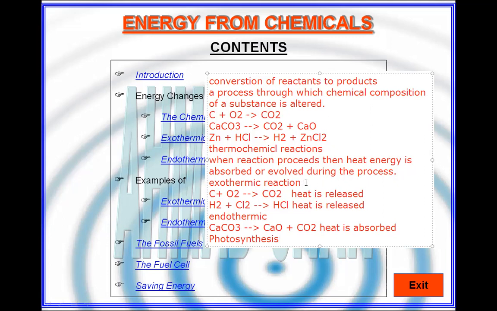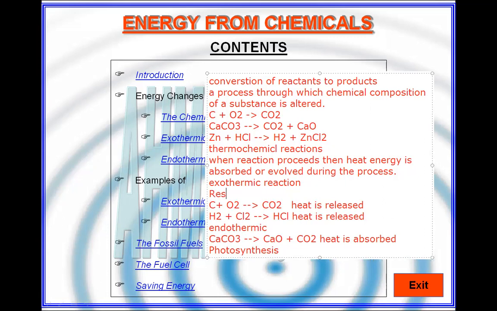So respiration is also an example of an exothermic reaction, because when we exhale, our breath is a little bit hot, while when we inhale oxygen, it is cold. So there are two different types of thermochemical reaction. One is the exothermic reaction, where heat is evolved during the reaction, and the other is the endothermic reaction, which must absorb heat during the chemical reaction.